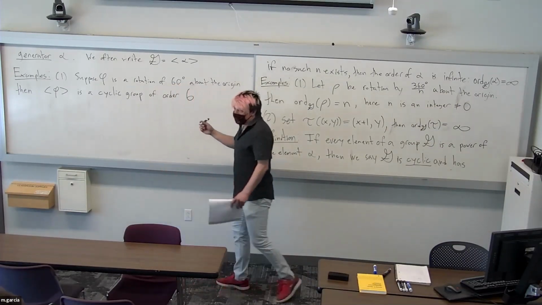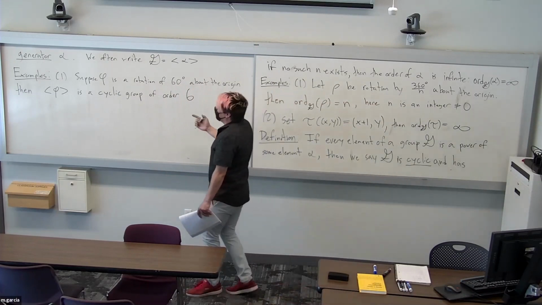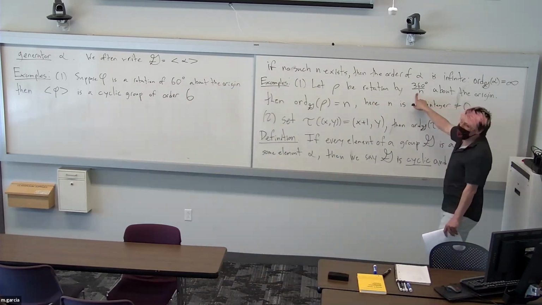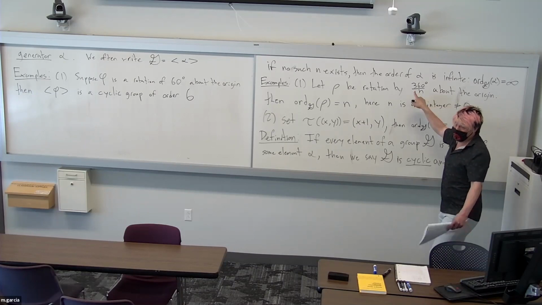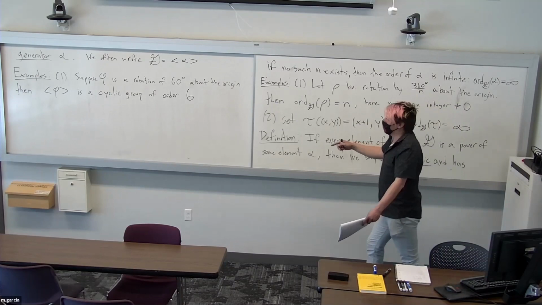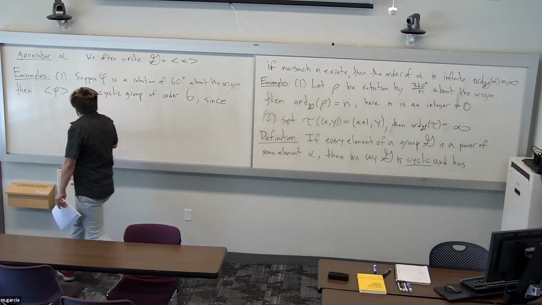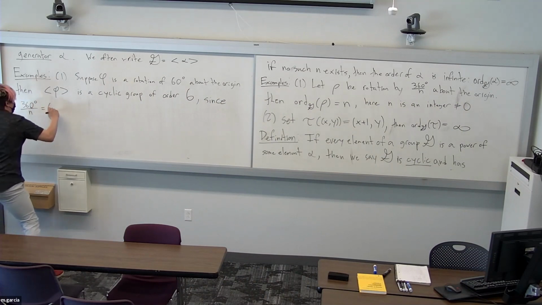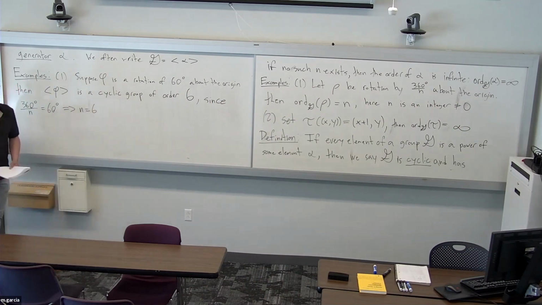So this is order 6, because 360 divided by n equals 60. What does n equal? 6. 360 divided by n equal to 60 degrees implies that n is equal to 6.